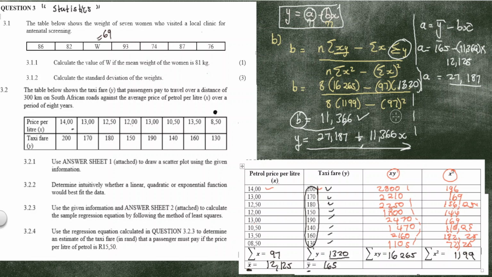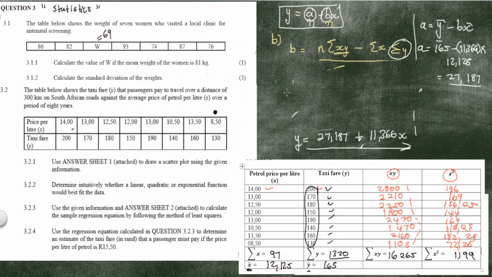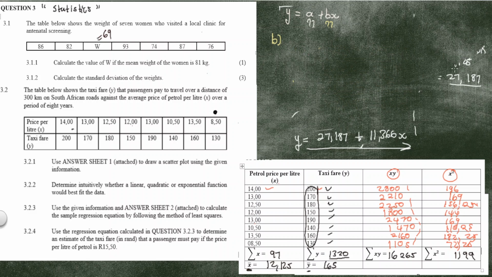So for this particular question, we are using this equation that we just calculated, to calculate the taxi fare if the petrol price is that. So if x is equal to 15.5, calculate y.